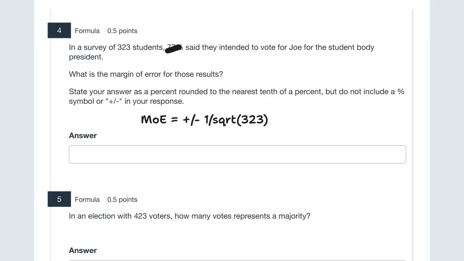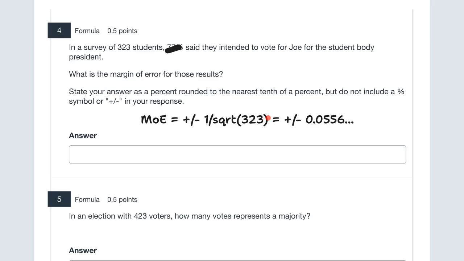So grab your calculator, do 1 divided by the square root of 323. This is equal to, plus or minus 0.0556, and this keeps going.